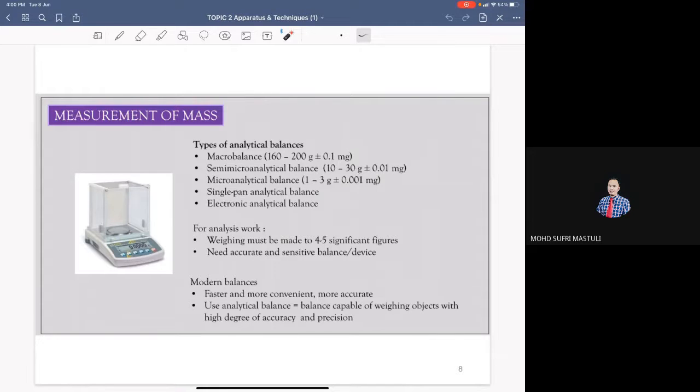Normally, when we do the analysis during the experiment, we will take the reading of mass or weight within 4 or 5 significant figures. This is an example of modern analytical balance. It is faster, more convenient, and also more accurate.